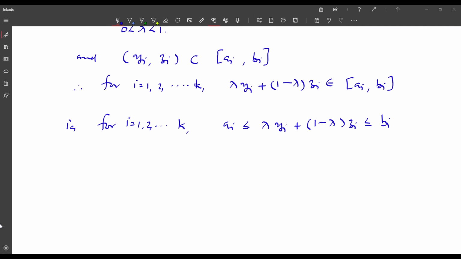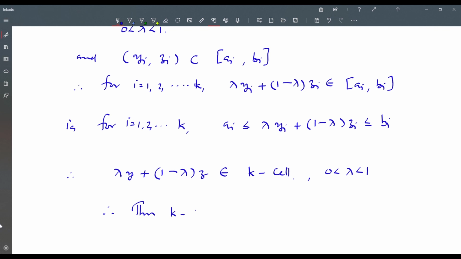Therefore λy + (1 − λ)z belongs to the k-cell, where 0 < λ < 1. Therefore the k-cell is convex.